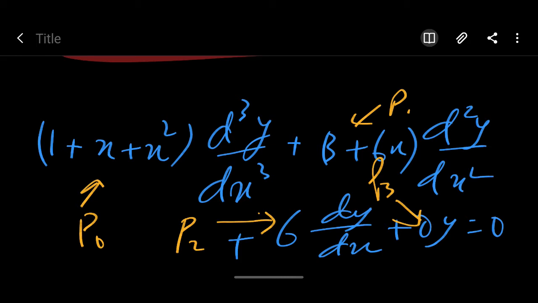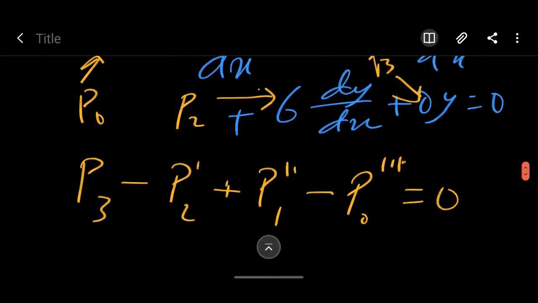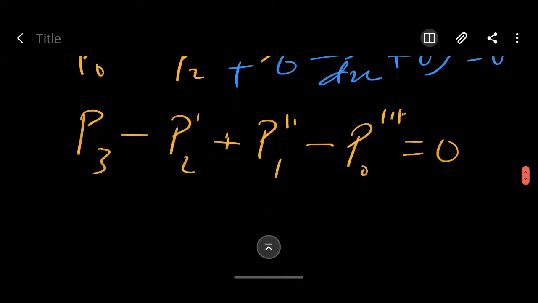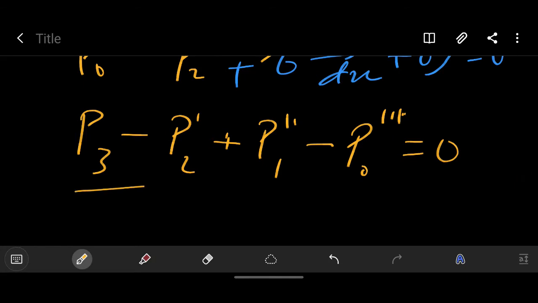And 1 plus x squared is P0, the coefficient of the third order derivative, so we have to differentiate it 3 times, and we get 0 again. So this condition is satisfied. So we can check: the condition is exact. All right.